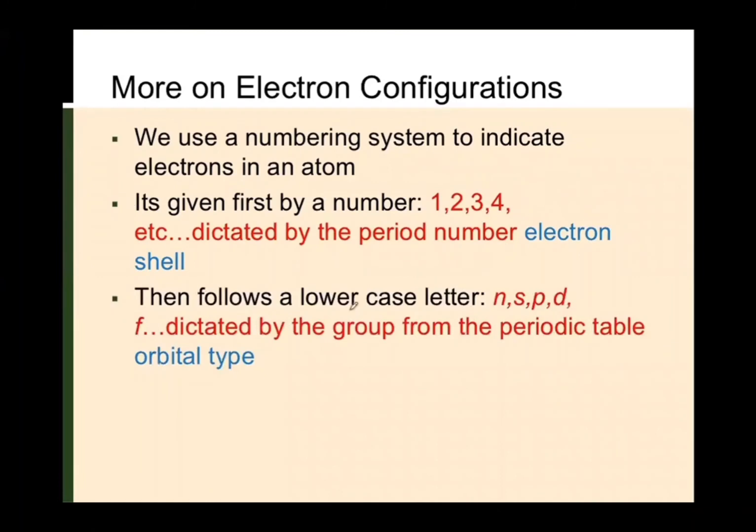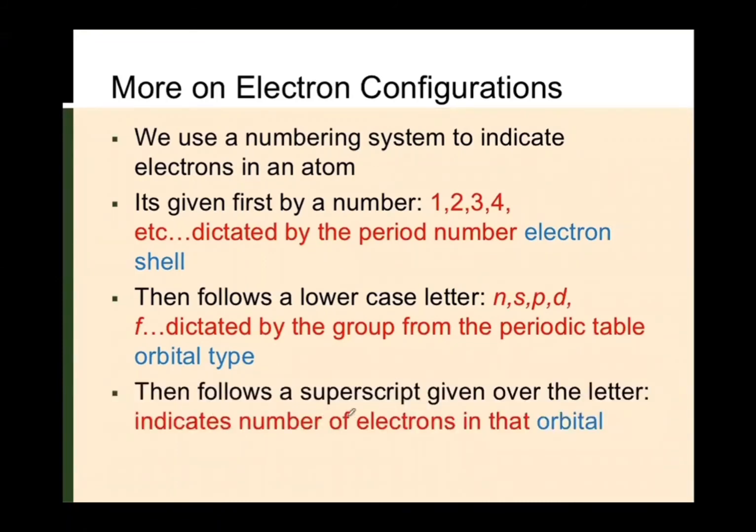Then follows a lowercase letter, s, p, d, f, indicated by the group from the periodic table, the orbital type. So remember, the alkali and alkaline earth metals are S block elements. So usually if the electron is from there, it will go into the S block. And p is the main group and d is the transition metals.